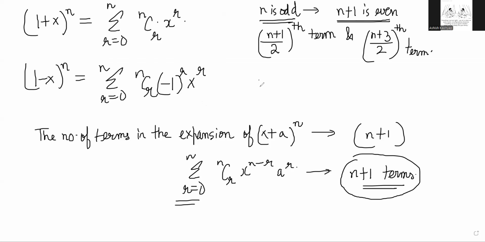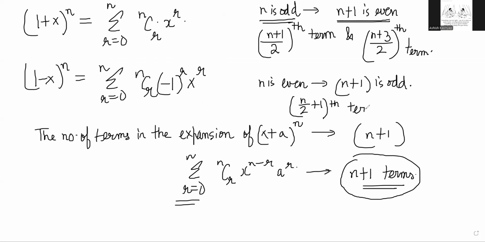And if n is even, then the number of terms n + 1 is odd. And in that case, there will be only one middle term, which will be the term n/2 + 1. This term is the middle term. So when you do the expansion, you will be able to easily realize what is the middle term. So that should not come as a surprise to anyone.